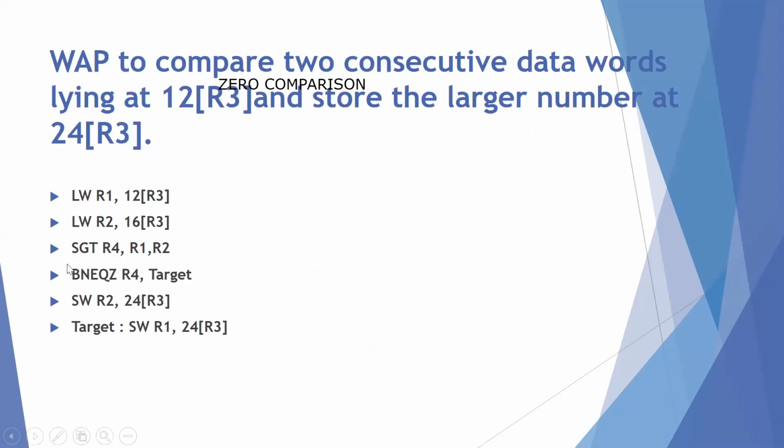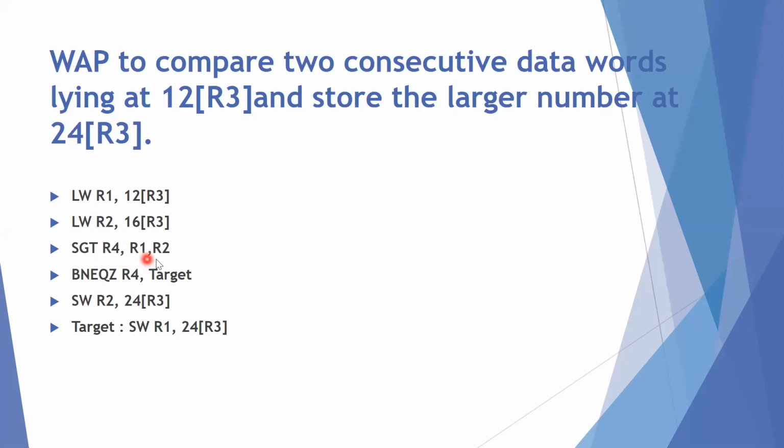Say I have two numbers which are stored at two consecutive locations, and I have to check whether the first number is greater than the next number or not. So what I can do is I can just load the two numbers from two consecutive locations into registers R1 and R2, and then I can compare.